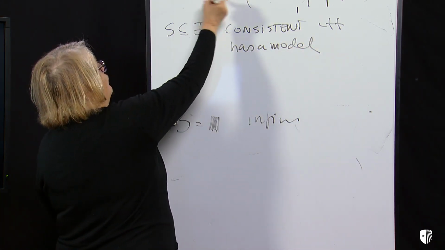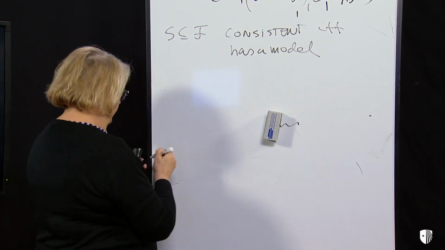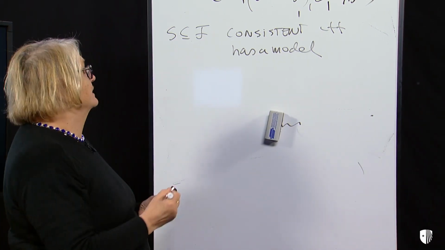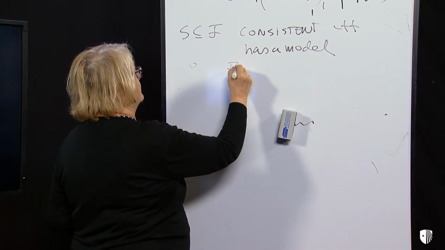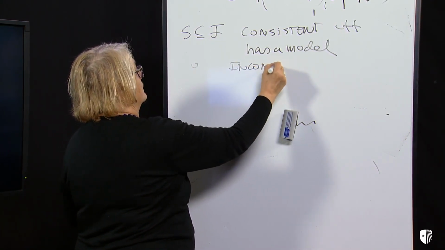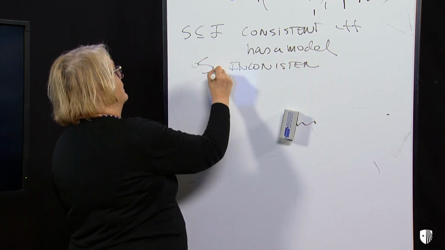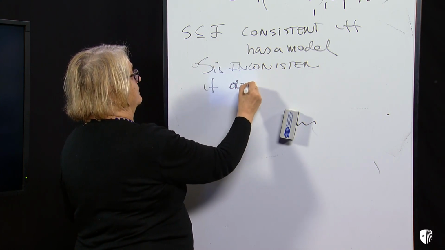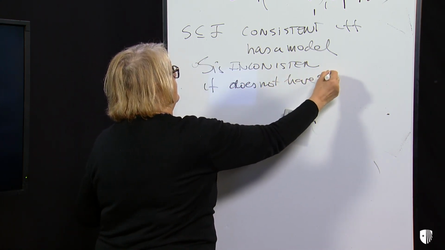So it means we proved that this set is consistent, right? Otherwise, it's inconsistent: S is inconsistent if it does not have a model.